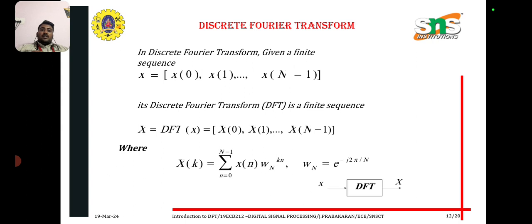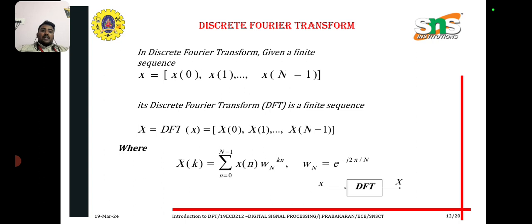This is the DFT formula. Capital X of k is nothing but the frequency domain, and small x of n is the time domain sequence. The formula is summation n equals 0 to capital N minus 1, where capital N is the length of the sequence, x of n, and W N to the power kn.